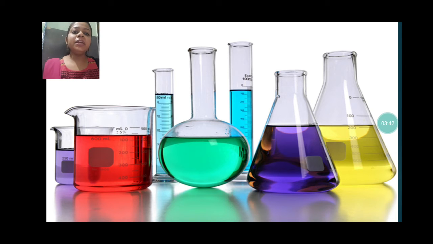It will show you the particular amount like 500 ml or 100 ml or 1000, whatever you have taken. When you transfer these liquids into the other container, in that container also it will show the same amount. Why? Because this is the property of the liquid.